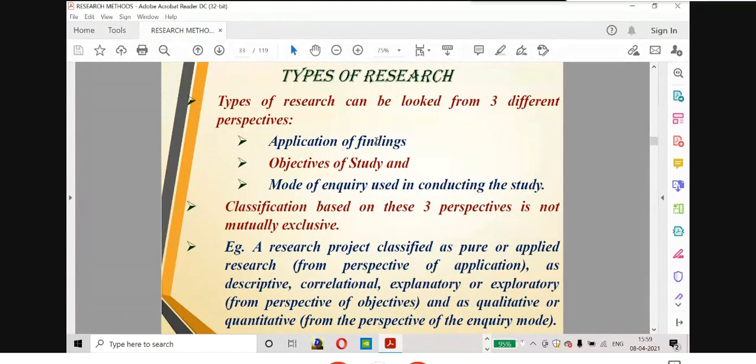So these are all the objective orientations. Or your research can be either qualitative or quantitative research based upon your mode of inquiry.